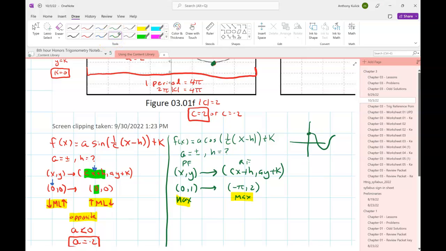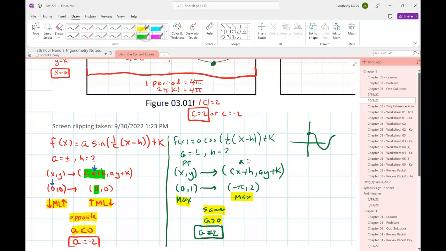So I notice that here I'm mapping the same type of extrema. That tells me that my A needs to be positive. So here, the A I'd pick would be positive 2. Everybody's good with that?